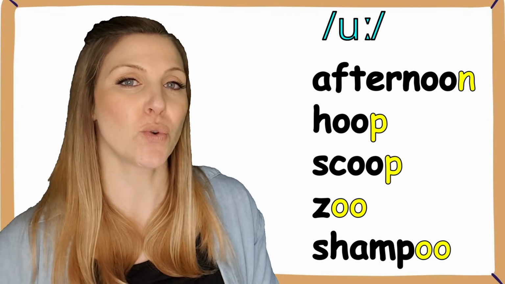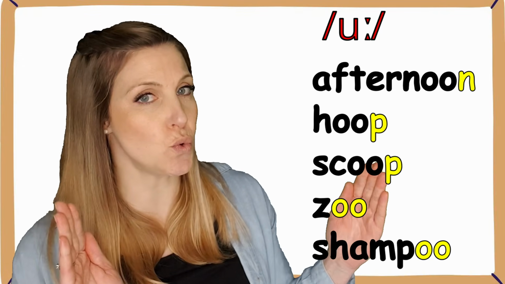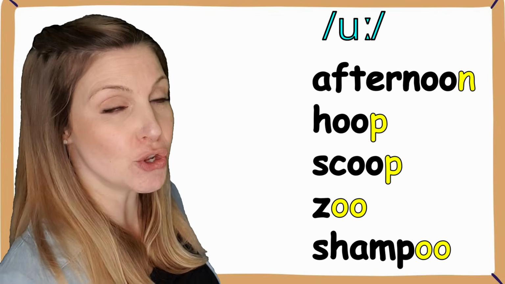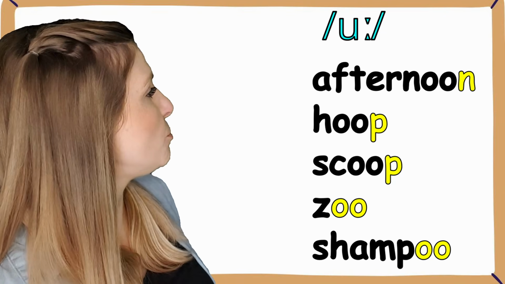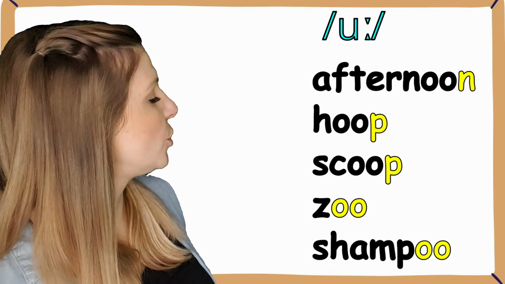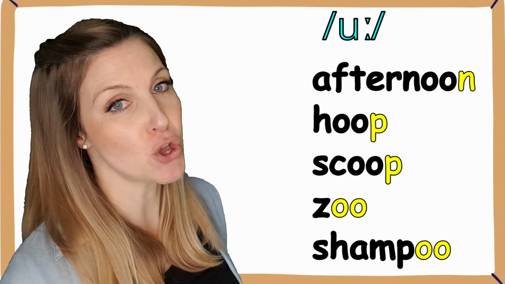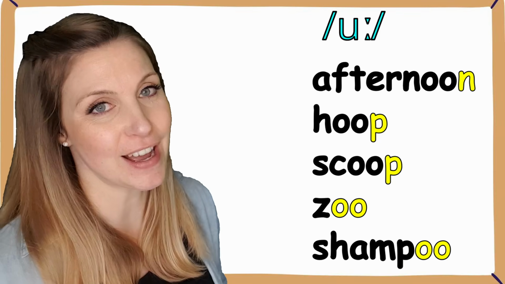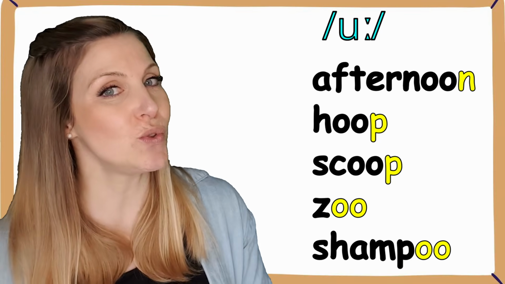So then it's always pronounced oo. So we've got afternoon, hoop, scoop, zoo, and shampoo. So all those words with the double O digraph here have the long oo sound.